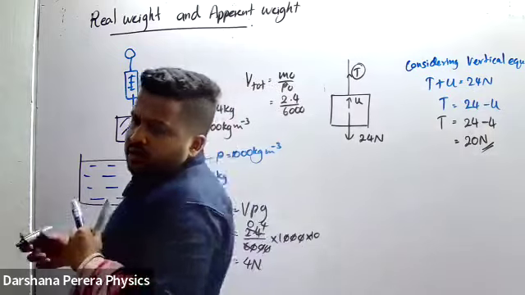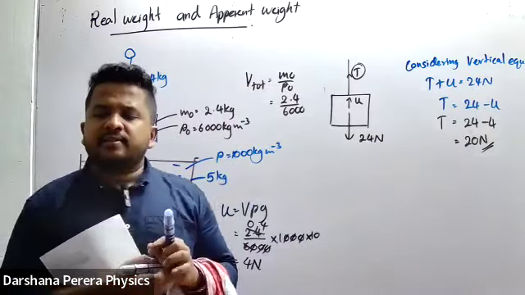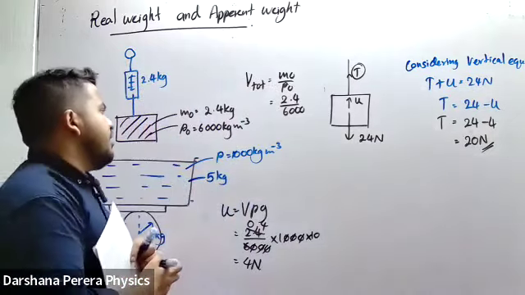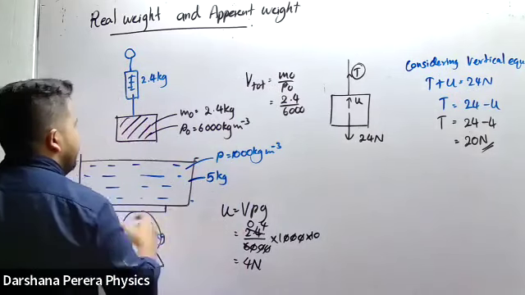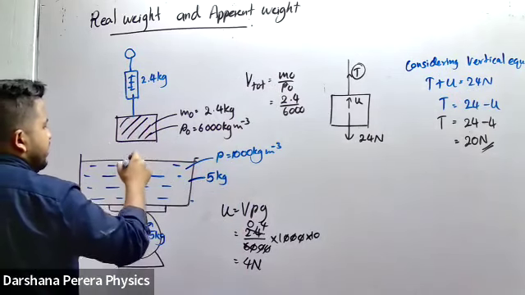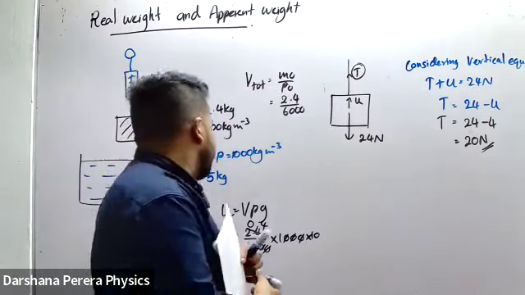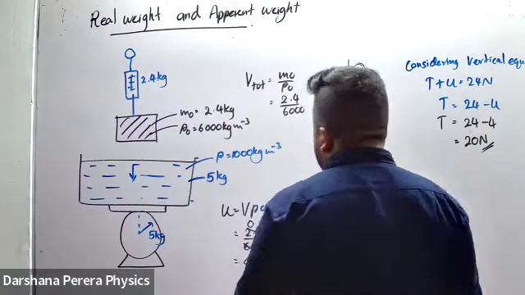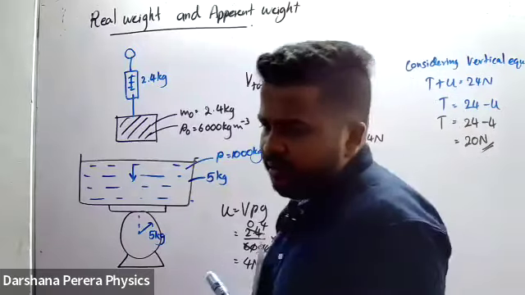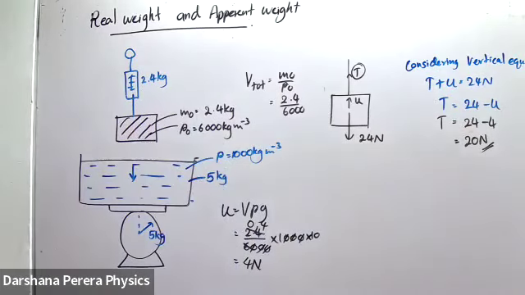So, the variable thing is the upthrust. When upthrust acts 4 Newton upwards, the reaction acts downwards on the liquid. Therefore, the scale reading is getting increased, right?